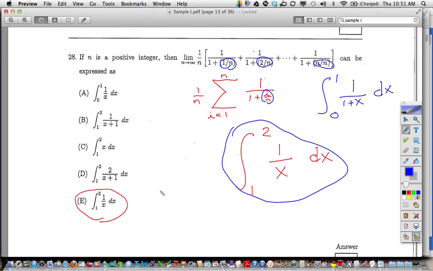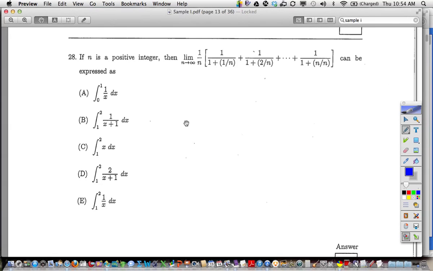But instead, they'd have had this option right here, this 1 plus x from 0 to 1. So I think it's valuable to understand both of those as possibilities. Because you can see how they can do that to you in a multiple choice situation where you might have to adjust.